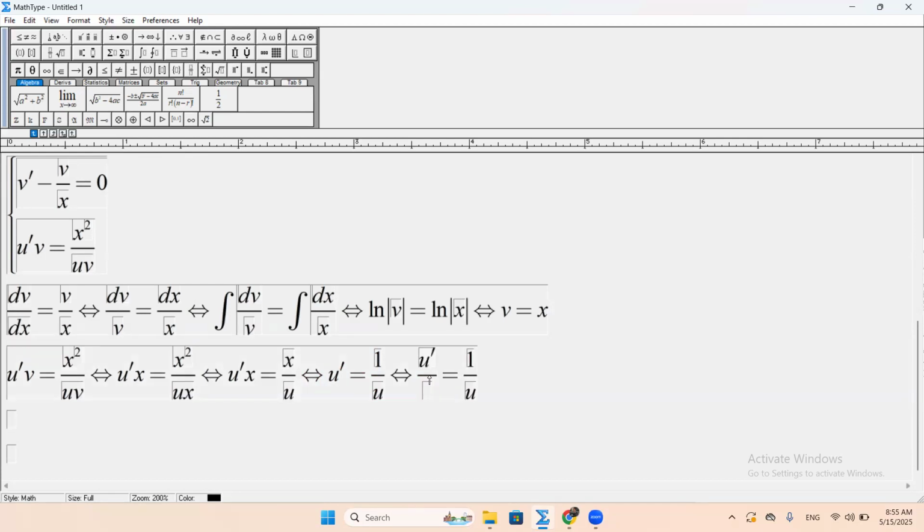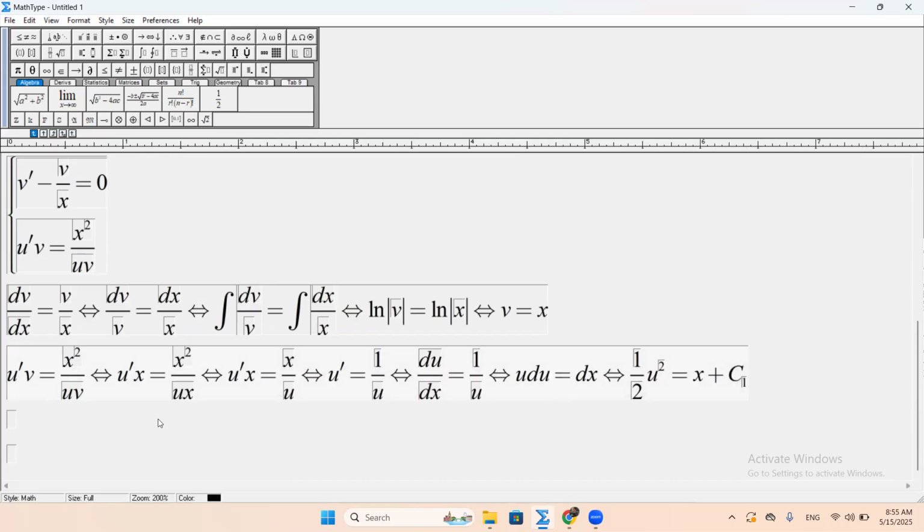So u du equals dx. Oh, stop, not du over u. So u du equals dx. Integrating, 1 over 2 u square equals x plus c1.